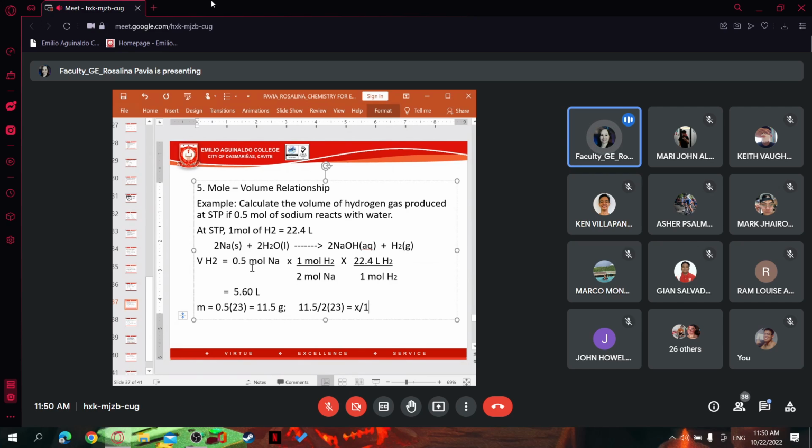Halimbawa, ayaw mong gamitin to, gusto mo formula, di gawin mo mass volume. Okay? Copy, ma'am. 0.4 STP. Solve for X. Oh, ilan? 5.6 po. Oh, pareho lang, di ba?